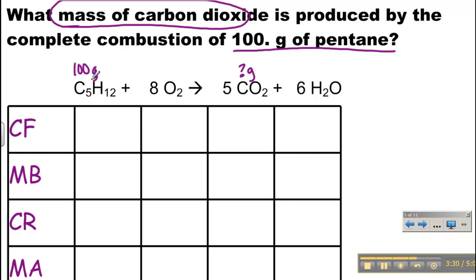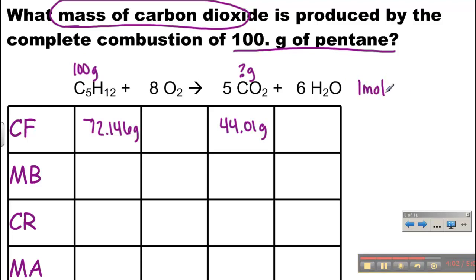So if we have grams of pentane, we are going to need the molar mass. If we have grams of CO2, we're going to need the molar mass of that one too. So just to move things along, the molar mass of pentane is 72.146 grams, and the molar mass of CO2 is 44.01 grams. So the first thing we need to do is get moles. We've got to convert 100 grams of pentane to moles.